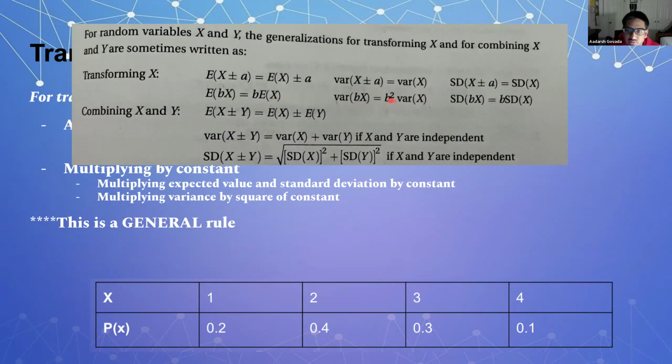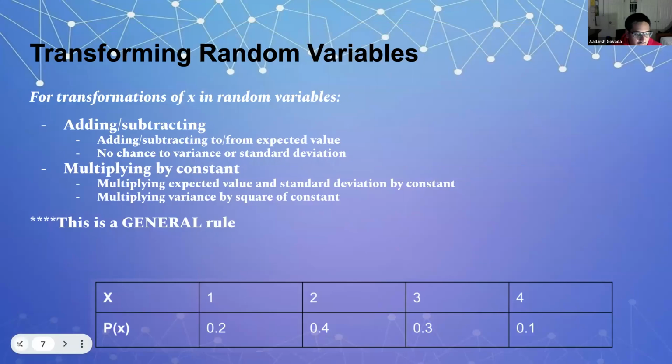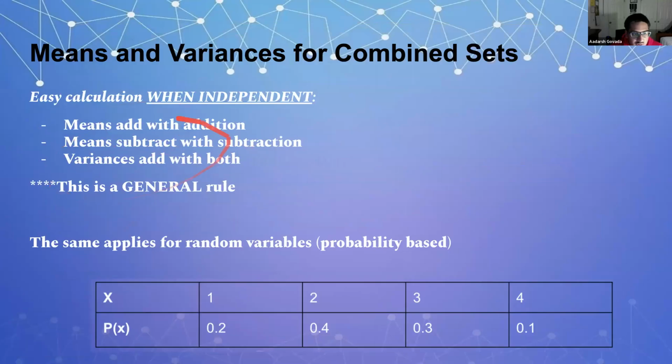This is for multiplying for variances, as you can see by the constant being squared. And this is multiplying for standard deviations. And then these three are just things that we talked about last slide, where you add the means and you add the variances. So that's what we talked about here.